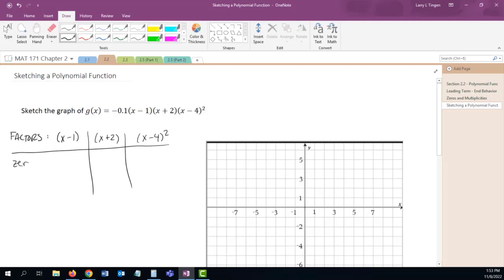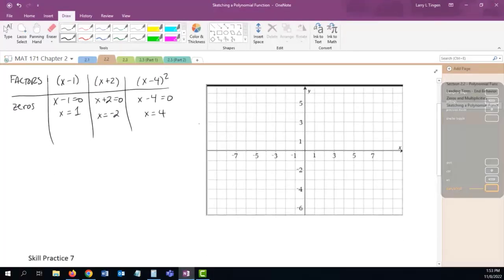All right, zeros. X plus 2 is 0, x equals -2. X minus 4 equals 0, x equals 4. So that's 3 zeros.